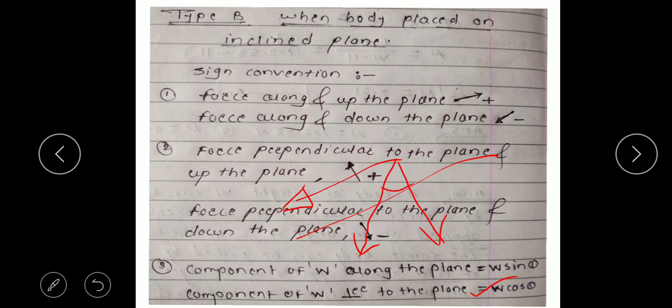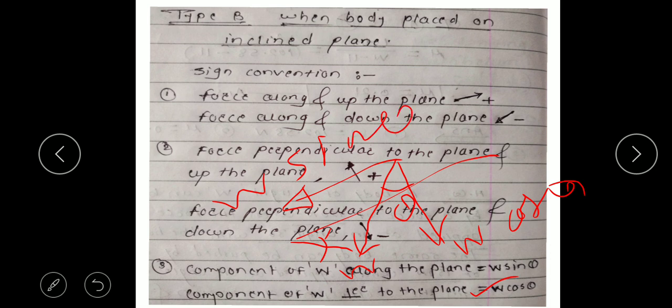Between this W and this component, the angle will be theta, which is made by this surface, and that component will be W cos theta. This is the W sine theta.